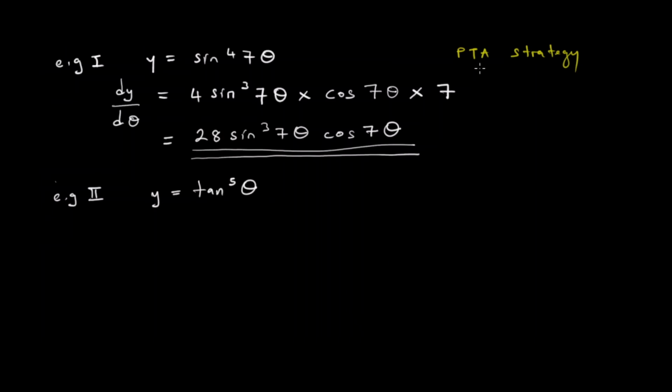We are also going to use the PTA strategy. Saka panapa remember inge irichi dy d theta. Saka dy d theta is equal to, starting with the power yedu ndi 5 anodona yova 5 tan, 5 yacho minus 1 ndi 4, saka 5 tan to the power 4 theta, like that.